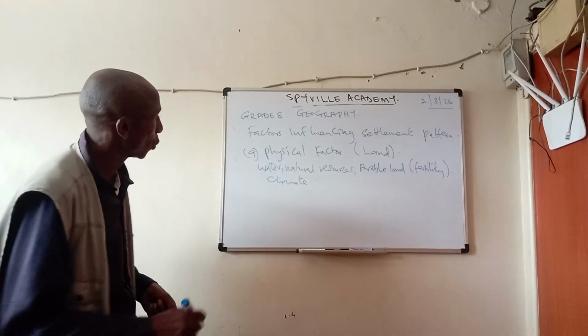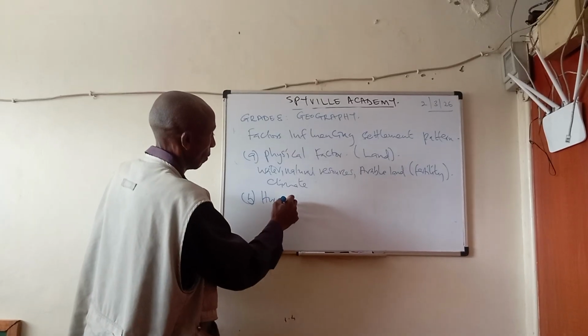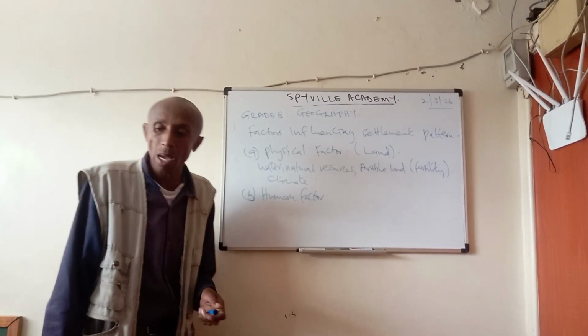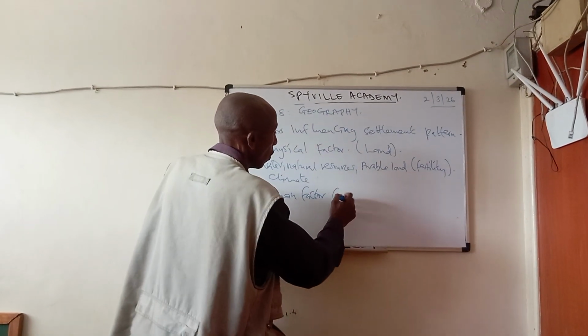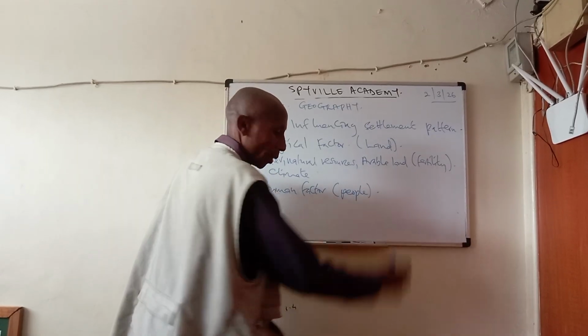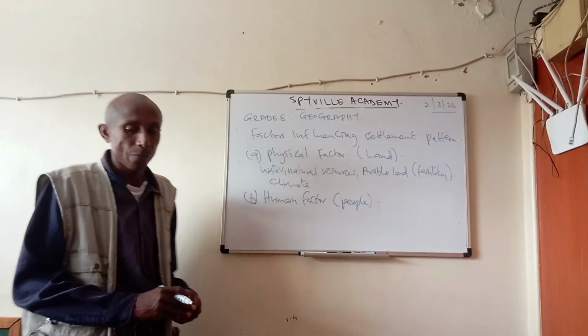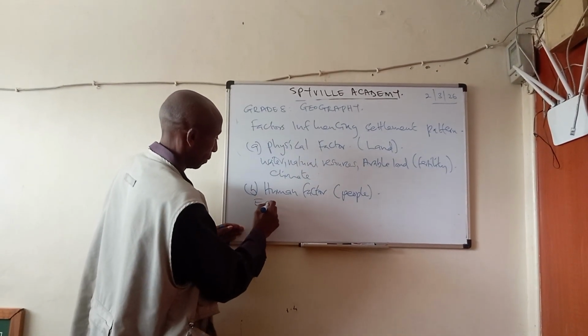Then we have what you call the human factor, the second one. When we talk about the human factor here, we are talking about the people in general. So what is it all about? The human factor all has to do with economics.